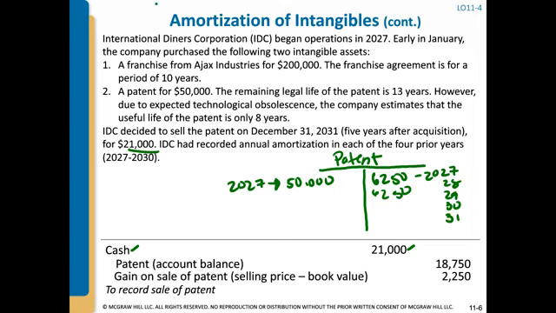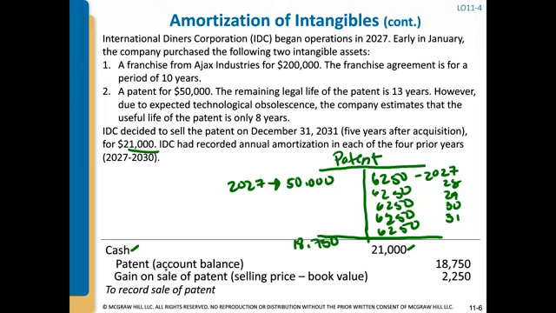So we credited $6,250 for the 5 years, and if you take the 50,000 minus all these amortization expenses, you get a debit balance of 18,750. So now we have on our books a debit for the patent asset of 18,750 that we need to write off because we sold it.